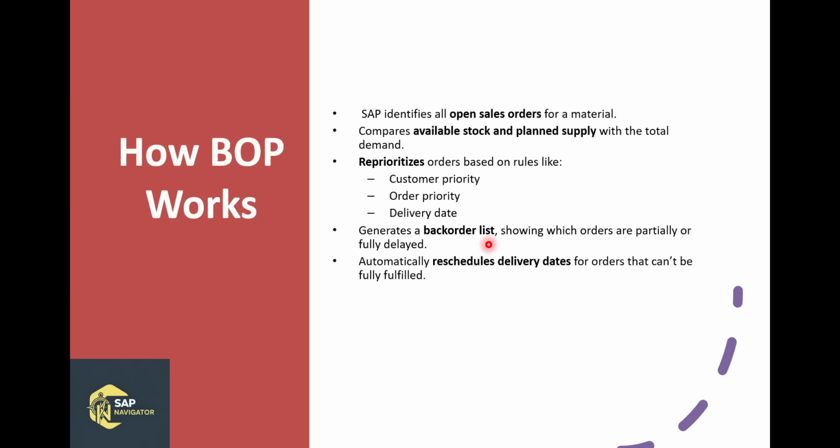It will show what orders get confirmation, what orders increase their confirmation, and what orders lose the entire confirmation. Then it will automatically reschedule the delivery dates for the orders that cannot be confirmed. So after the BOP run, for unconfirmed orders, it will reschedule the delivery dates.